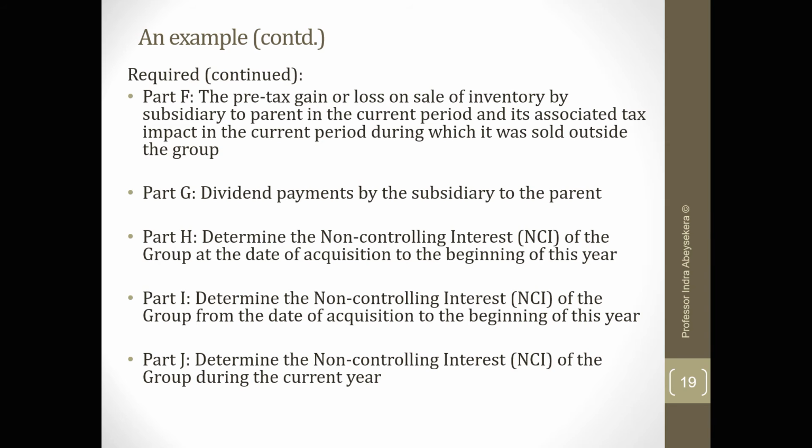Part I is calculating non-controlling interest from the date of acquisition to the beginning of the current year, and assigning non-controlling interest for that period, step 2. And Part J is determining non-controlling interest for the current year.